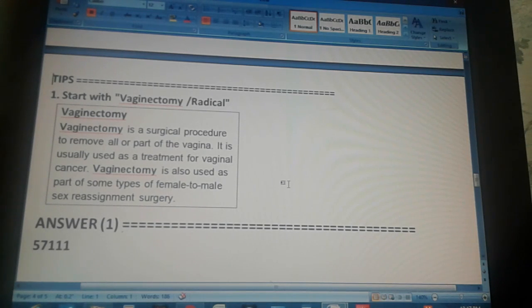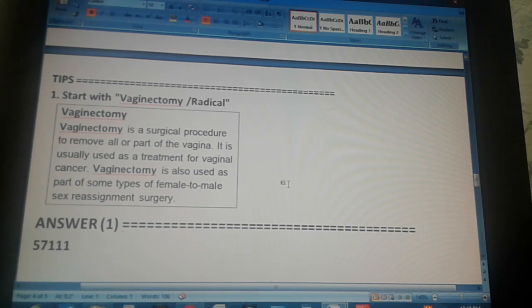Vaginectomy is also used as part of some types of female to male sex reassignment surgery. Right. When a female wants to be a man, she takes her vagina out. Okay. Now you know already what the procedure is and how to start.